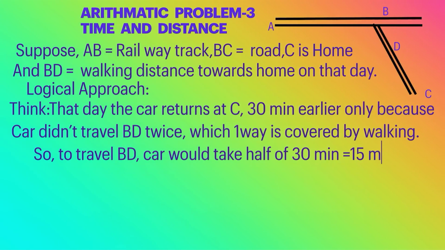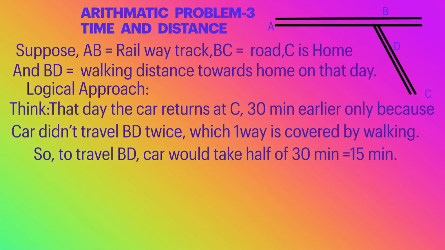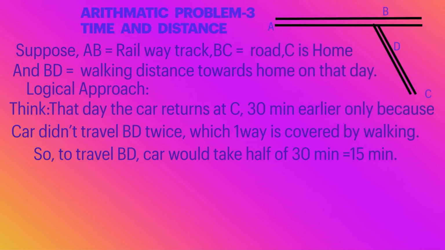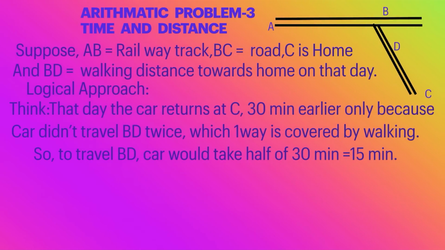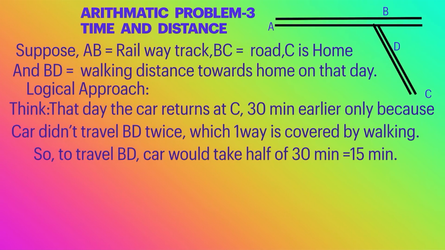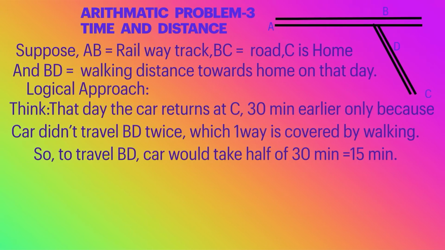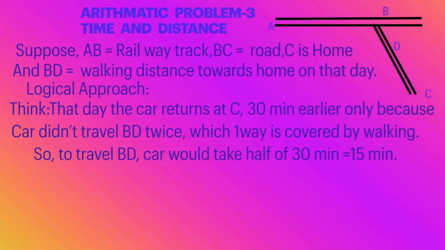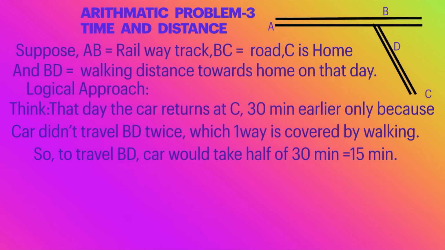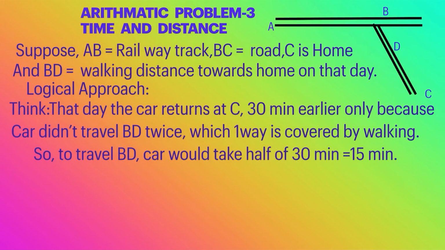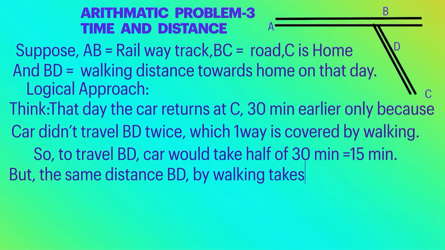So to travel BD, the car would take half of these 30 minutes, because the car has to take 30 minutes for D to B and B to D. So the car has to take only the one way journey of this BD, from B to D or D to B. The car would take half of 30 minutes, that is 15 minutes, and reach the B station.